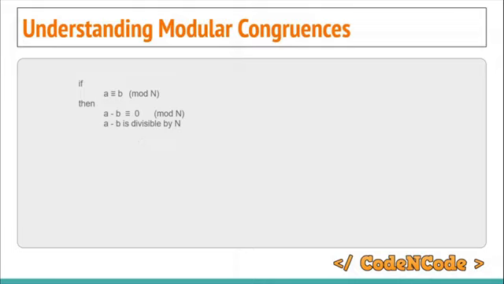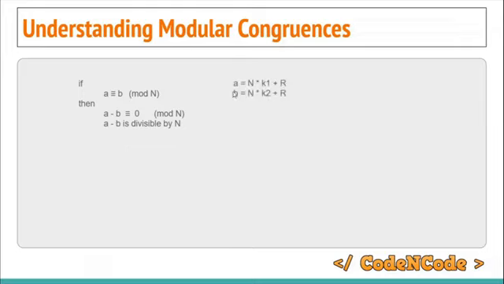If a number is divisible by another number completely, that is the only way we get remainder 0. So let's prove this fact.